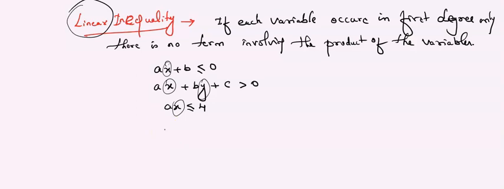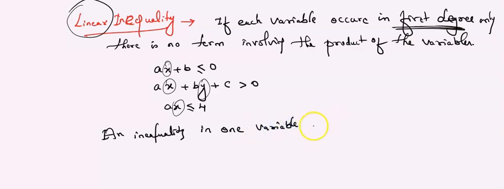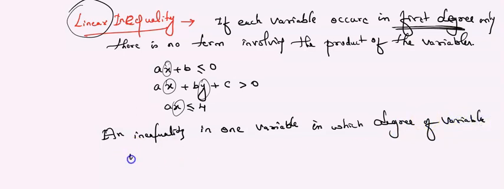Now, an inequality in one variable in which the degree of the variable is 2.